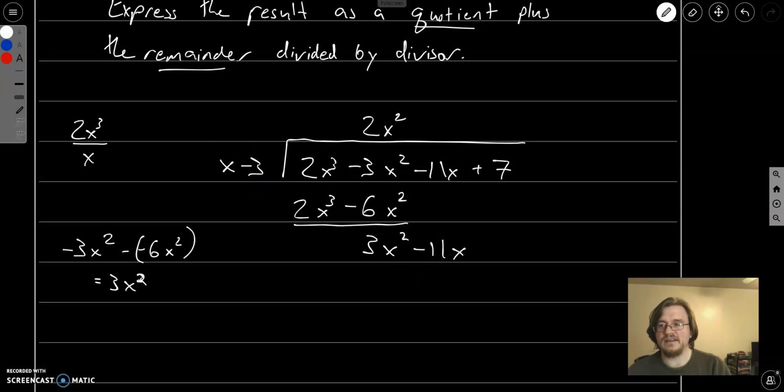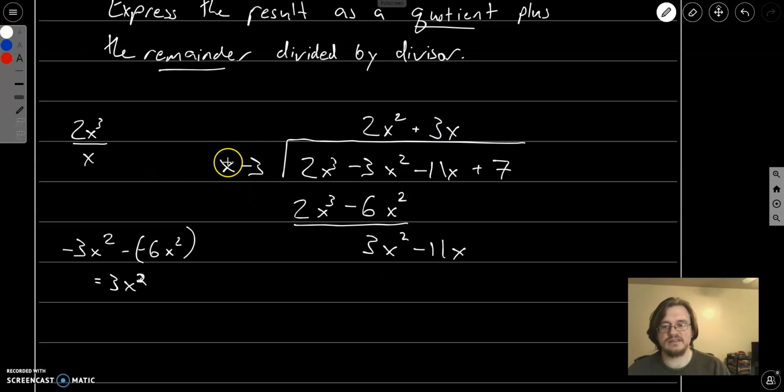And now, again, I'm looking at the first term here and the first term here. So the question is, what is 3x squared divided by x? Well, 1 copy of x cancels out, so I'm left with 3x. And again, this will be positive 3x. So now, after I divide, I multiply.